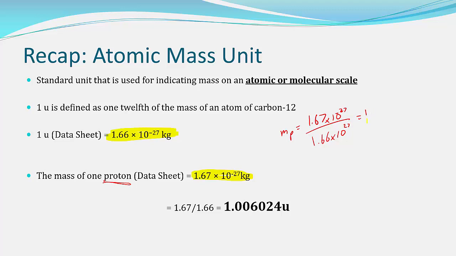And what we end up with is 1.006024 atomic mass units. And what this means is that for Year 11 physics, the mass of a proton and the mass of a neutron are the same, when in reality they're slightly different, and that we now have a way of representing the mass of protons and neutrons with a number that's not so horribly small.